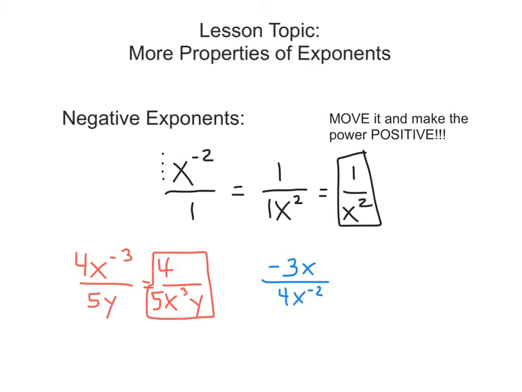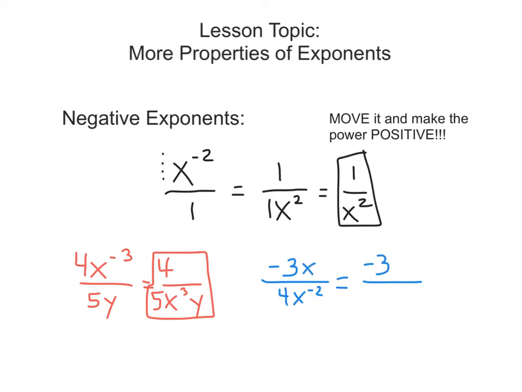All right, so first things first. Do we move this or keep it? This is actually a very common mistake people make. Just because it's a negative number does not mean it has a negative exponent. So we are going to keep it where it is. It does not have a negative exponent.